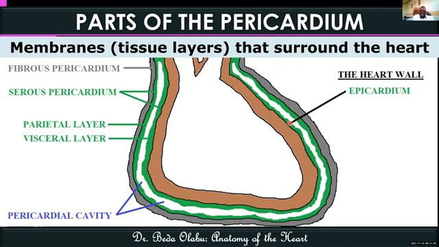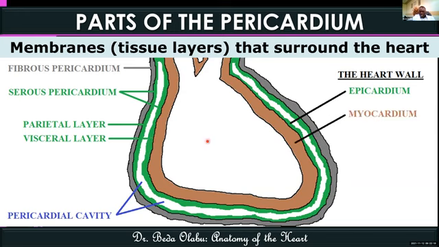Now follow that round, and you notice that the epicardium is actually the visceral layer of the serous pericardium. They mean the same thing. So that visceral pericardium is actually part of the heart wall. It is the outermost layer of the heart wall.